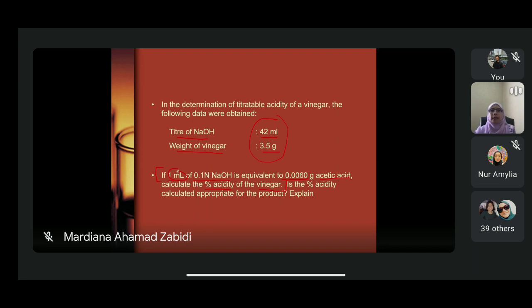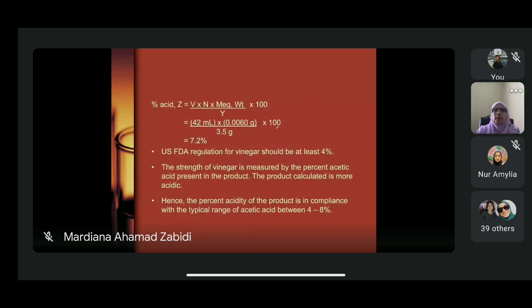Okay, tengok balik ayat ni: 1 ml of 0.1 normal NaOH equivalent to 0.006 gram of acetic acid. Kalau kamu rujuk, if you refer to your slide, okay, the calculation for this acidity, equation dia is given like this, betul tak? V times by N, volume of sodium hydroxide, times by normality of sodium hydroxide, times by milli equivalent factor of acetic acid.